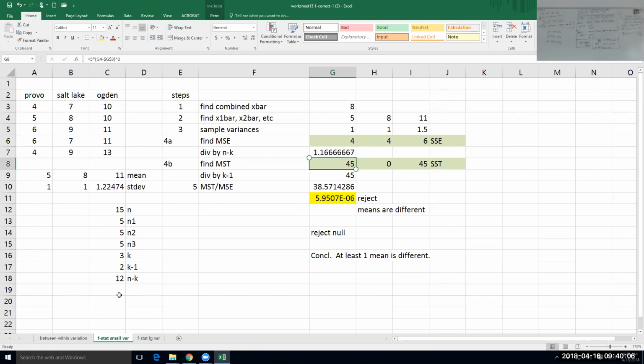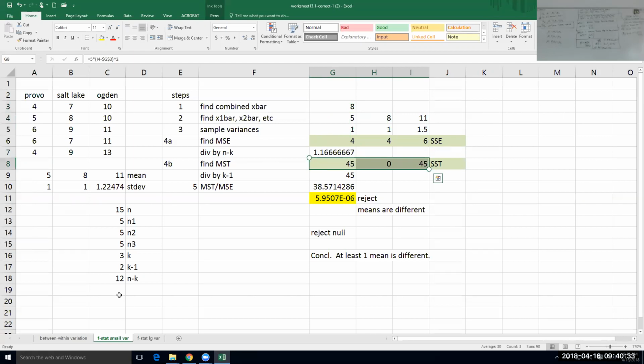Okay, we'll do the same thing here. 8 minus 8 is 0. 0 squared is 0. 0 times 5 is still 0. Okay, 11 minus 8 is 3. 3 squared is 9. 9 times 5 is 45. Okay, I'm going to add these three up. 45 and 0 and 45 is 90.